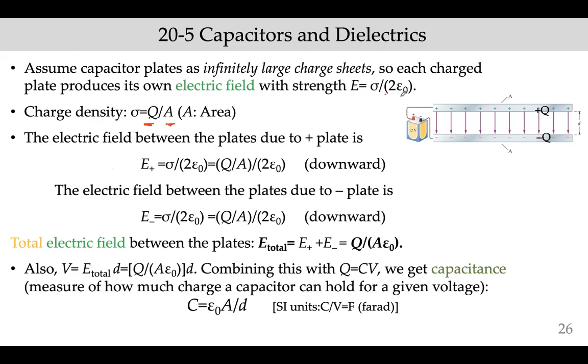Epsilon 0 is the permittivity of space. It's just a constant. The reason that we are using the infinitely large charged sheet approximation, even though these are obviously not infinitely large, is that it is a good approximation for the electric field when you have parallel plates.